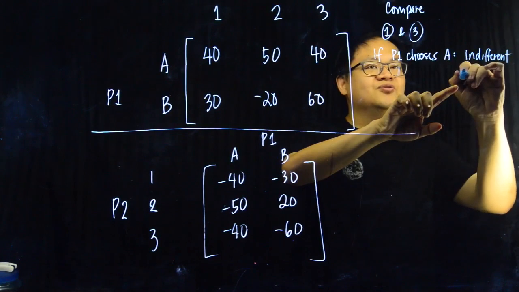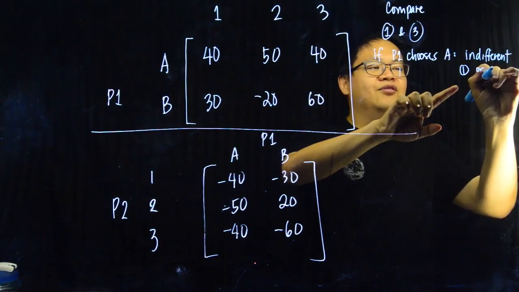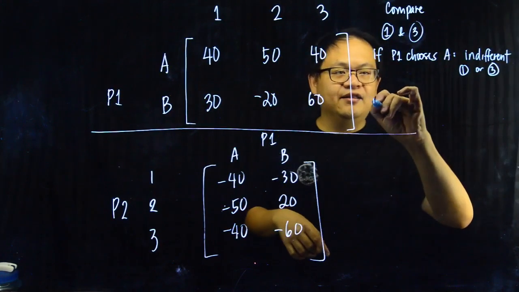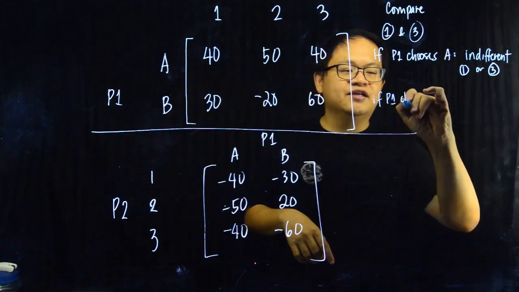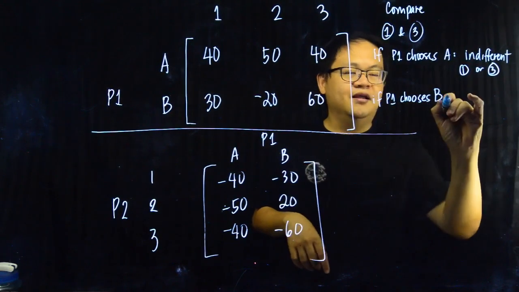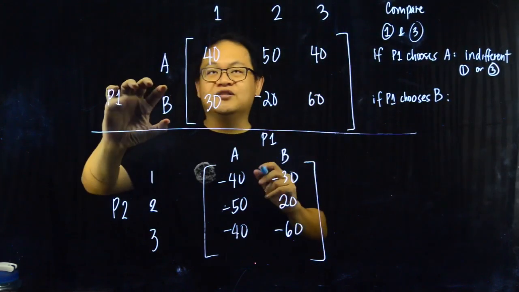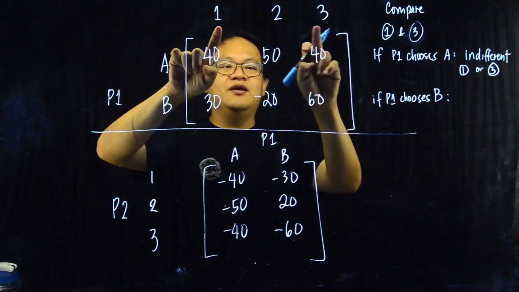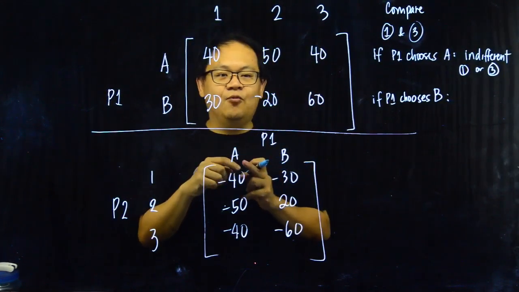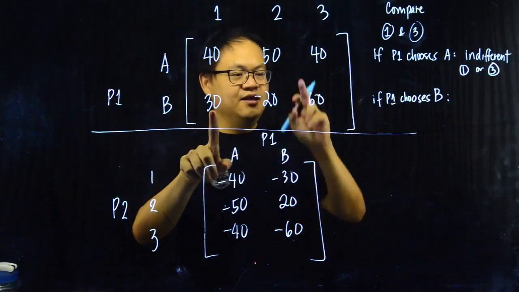Or, you can choose either 1 or 3. Now, on the other hand, if player 1 chooses B, and you're still comparing 1 and 3, then you're looking at these two numbers, then what would you rather have? A 30 or a 60?